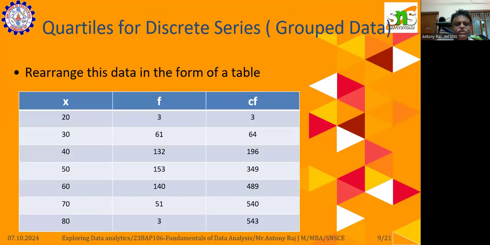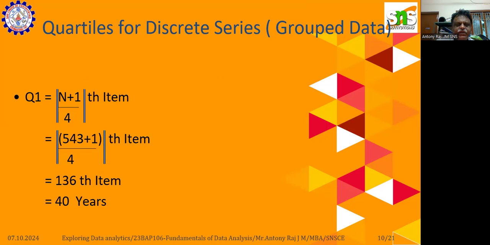We put the data points in ascending order, take the frequency, which is already given, and then find the cumulative frequency. This is how we rearrange the data in the form of a table. Once this is done, we can apply the formula. Q1 is the n by 4th item. Here n is 543 data points, so it is the 136th item.